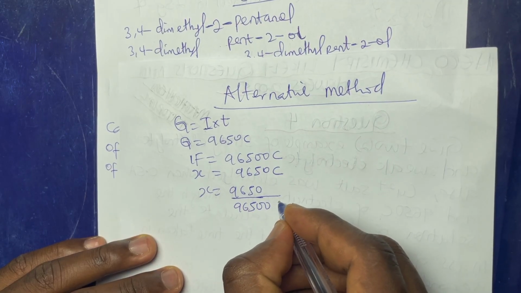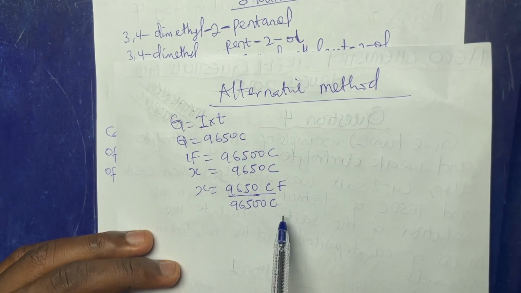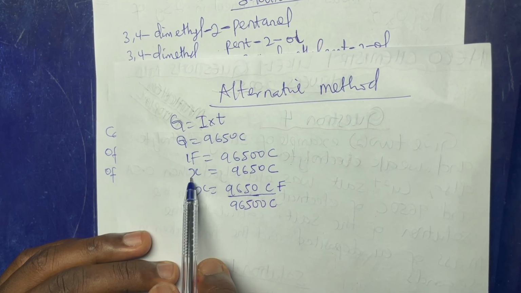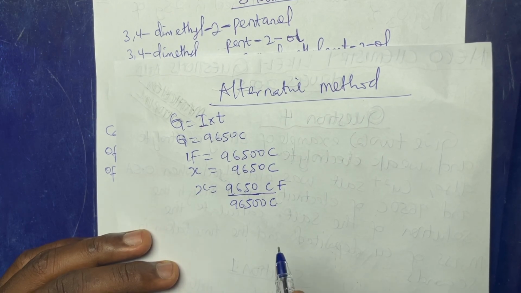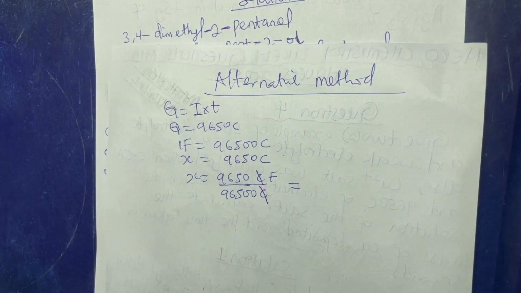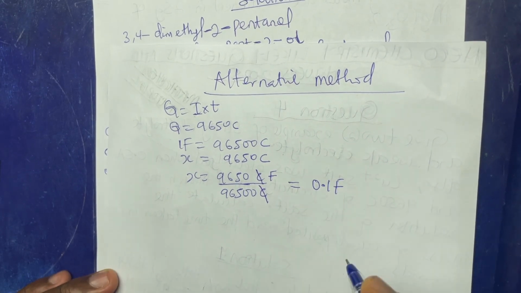Here we have coulomb, and here we have coulomb and Faraday together. If coulomb cancels coulomb, I am left with 9650 divided by 96500. So that will give me 0.1 Faraday.